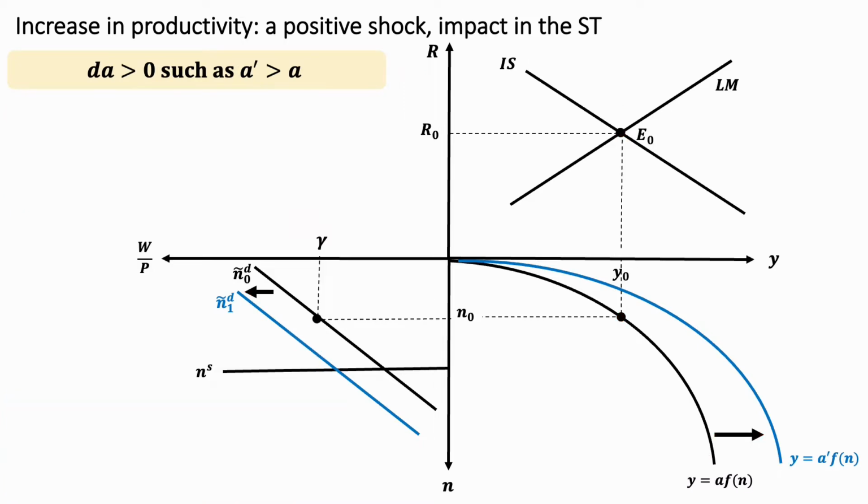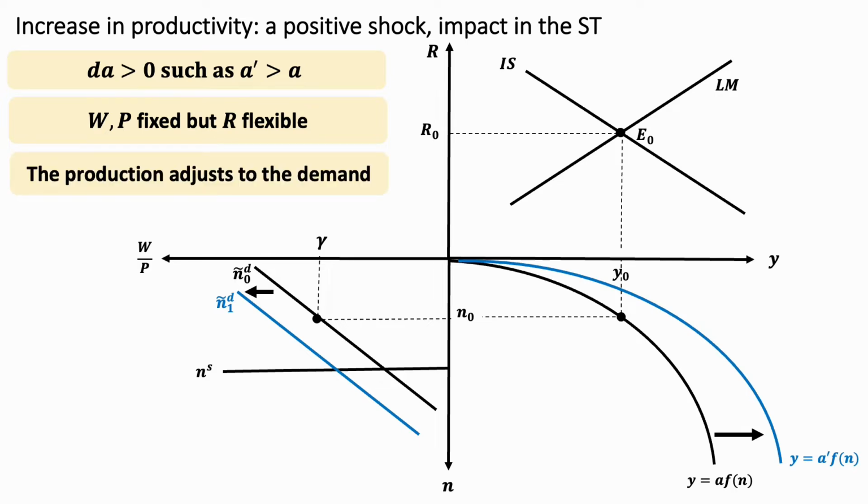Let's analyze what happens in the short term. Remember that prices and wages are fixed, so the production adjusts to the demand through quantities and not through prices. The economy is still at the real wage gamma. Compared to the initial situation, the labor demand increases because labor is more productive.